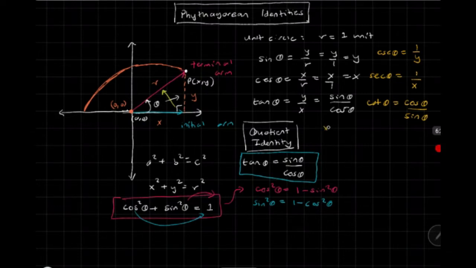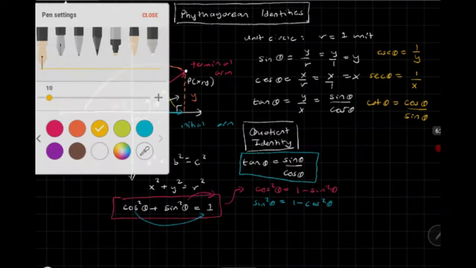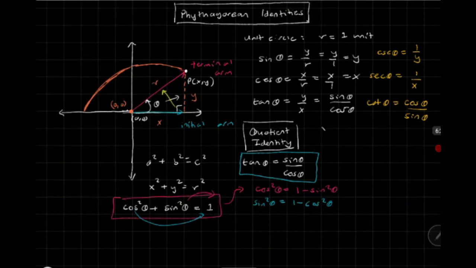So if we take a look at our initial statement of the Pythagorean theorem, x squared plus y squared is equal to r squared, if I divide everything this time by x squared, you notice that you get 1 plus (y over x) squared is equal to (r over x) squared.